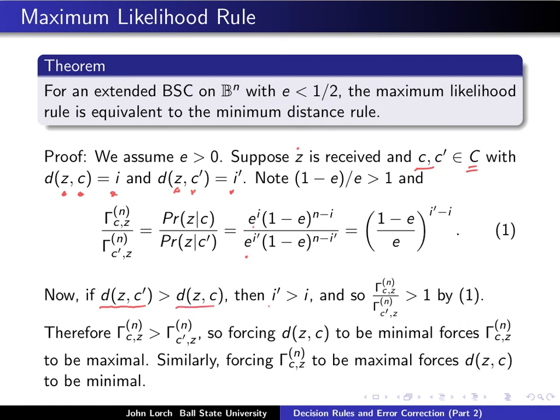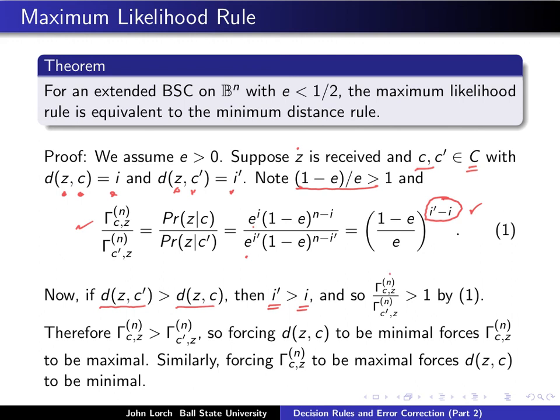This means that I prime will be bigger than I. And if that's the case, then this exponent is going to be positive. So I have a number bigger than 1 raised to a positive exponent. And so that means that this result here will be bigger than 1 by this series of equations.